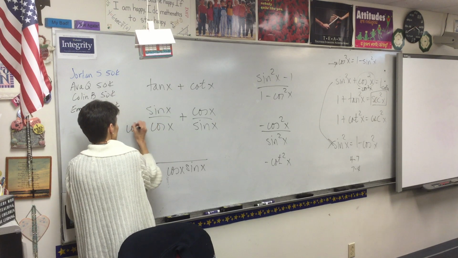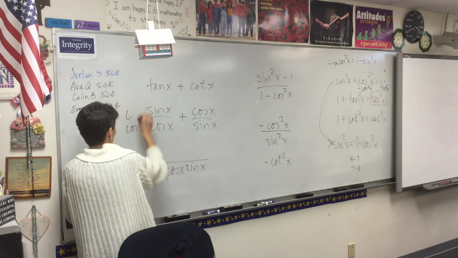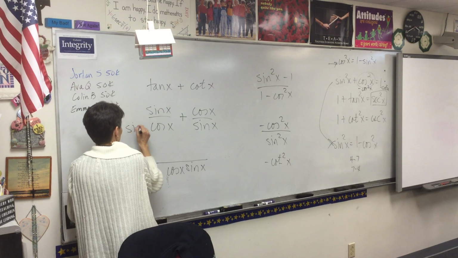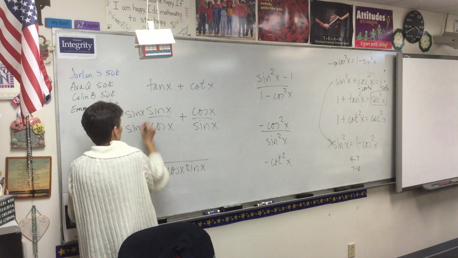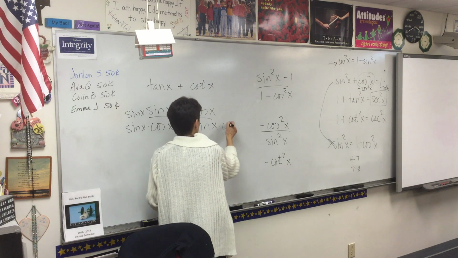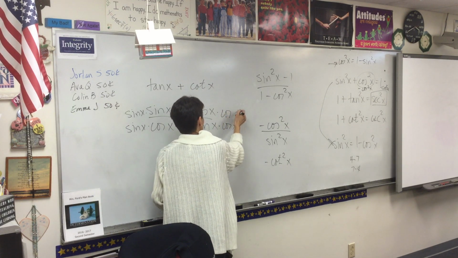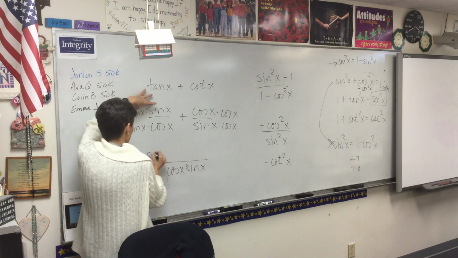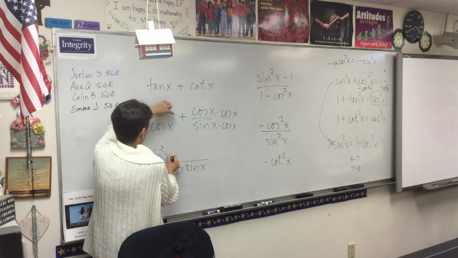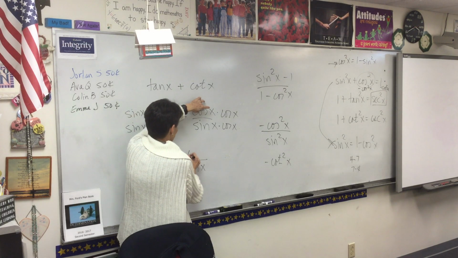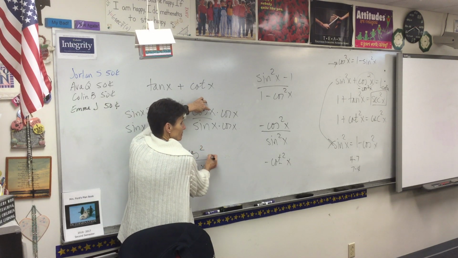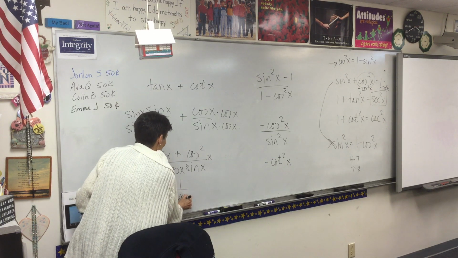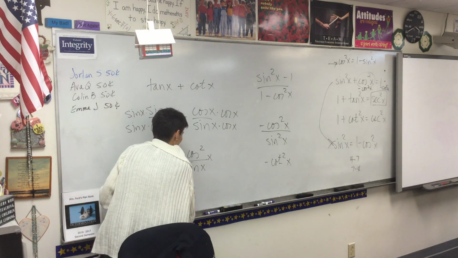So this one is going to need a sine, and this one is going to need a cosine. So my numerator is going to be sine squared plus cosine squared, that's 1, over cosine sine.